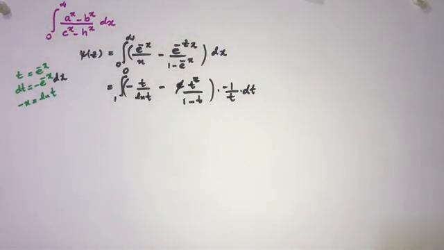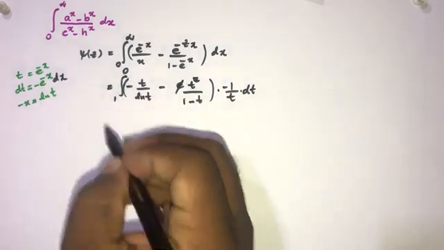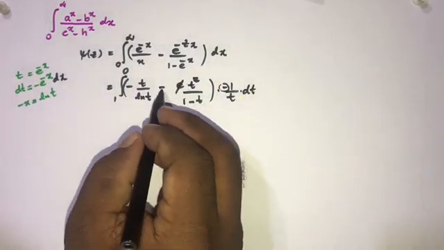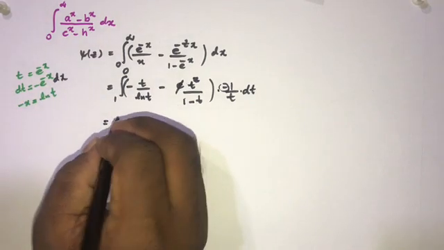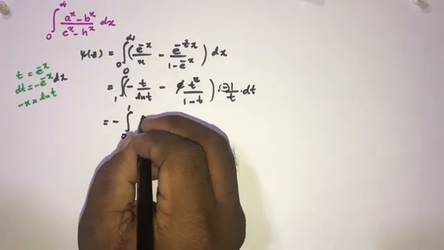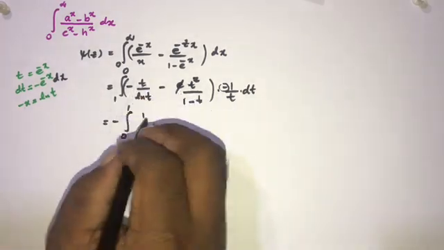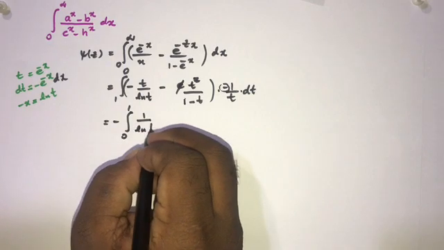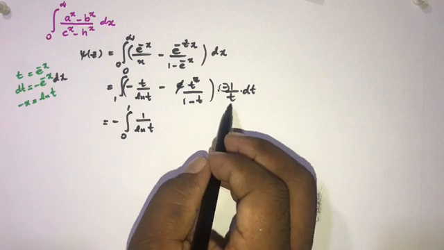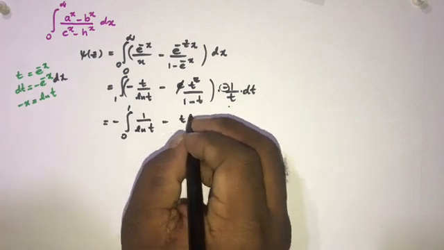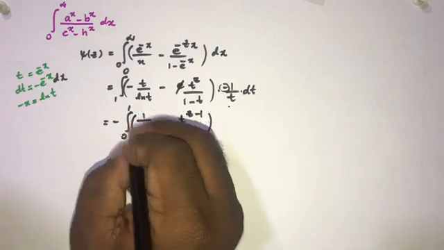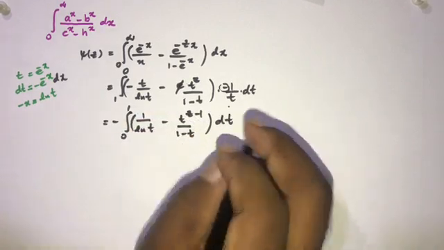Then we can swap the lower and upper limits, so this minus sign gets cancelled, and here minus minus, so we can take minus as a factor: minus the integral from 0 to 1, this t gets cancelled, of (1 over natural log of t, minus (t to the c minus 1) over 1 minus t) dt.